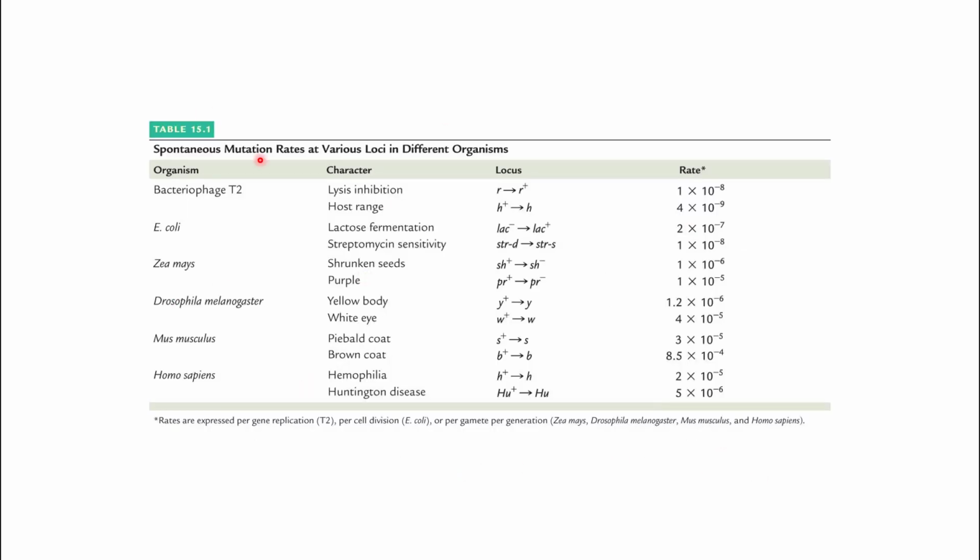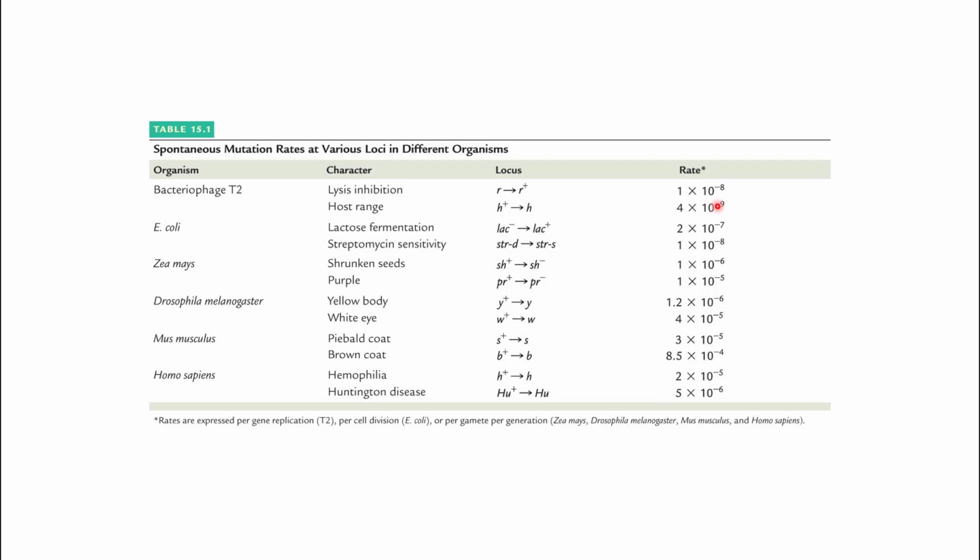So if we look at spontaneous mutation rates, this is in different loci in different organisms. So here we're looking at, say, a bacteriophage, where the character state or the trait would be lysis inhibition. So going from a mutant back to a wild type, we find that mutation occurs in roughly 1 × 10⁻⁸ times.